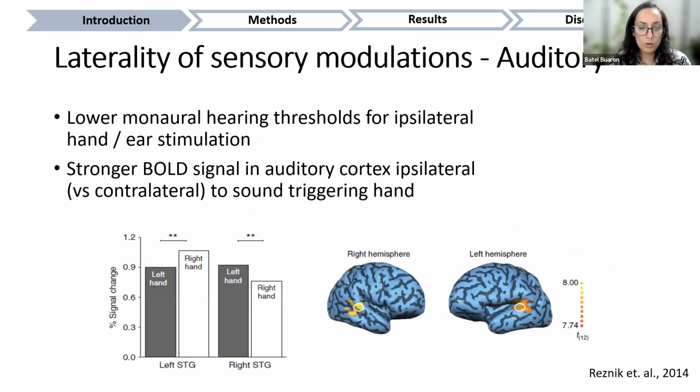And also, if you look at neural activity at auditory cortex, for stimuli that are presented binaurally, so in both ears, auditory cortex responds more strongly when it is ipsilateral to the motor cortex that is activating the stimulus. So again, we see a similar effect.